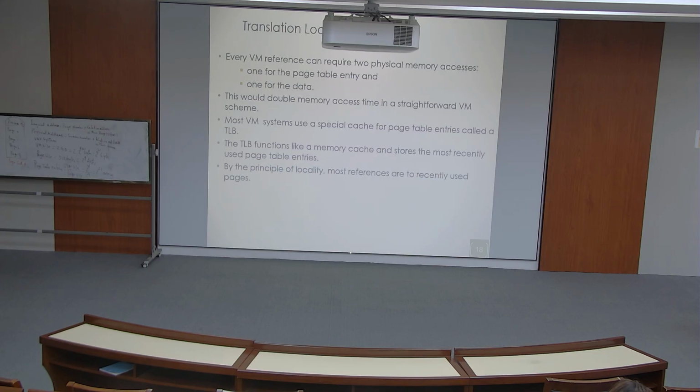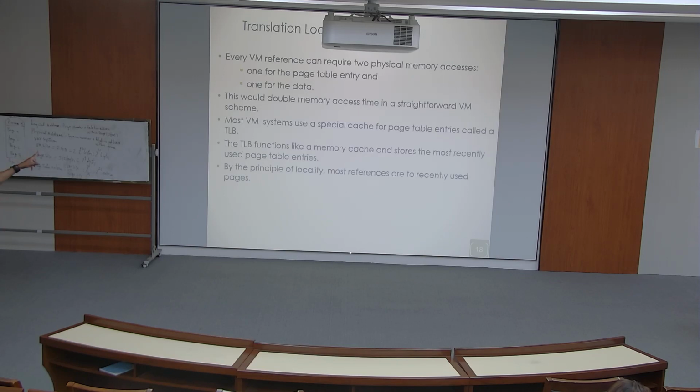Now tell me, we talked about the cache memory. What is the purpose of the cache memory? What does the cache memory store? What type of data does the cache memory store?